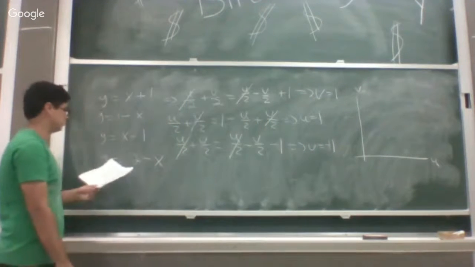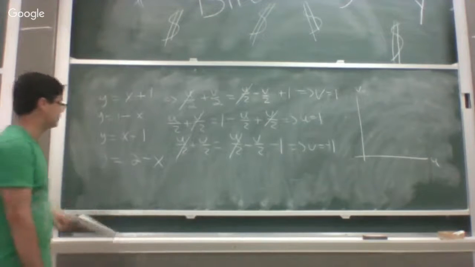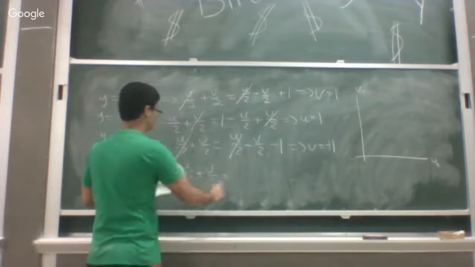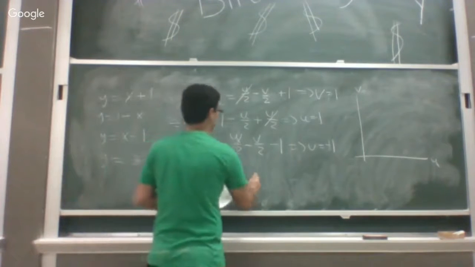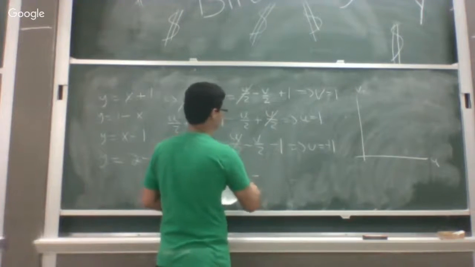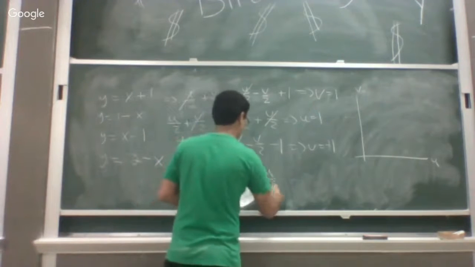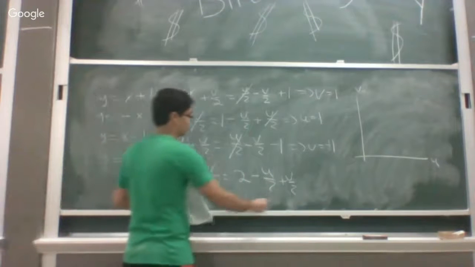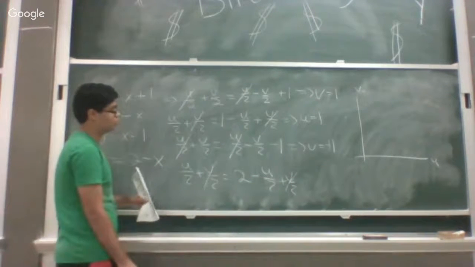In the last one, we have 2 minus x. So we have u over 2 plus v over 2 equal to 2 minus, in this case, u over 2 plus v over 2. So then the v over 2's cancel out, and we get the equation u is equal to 2.